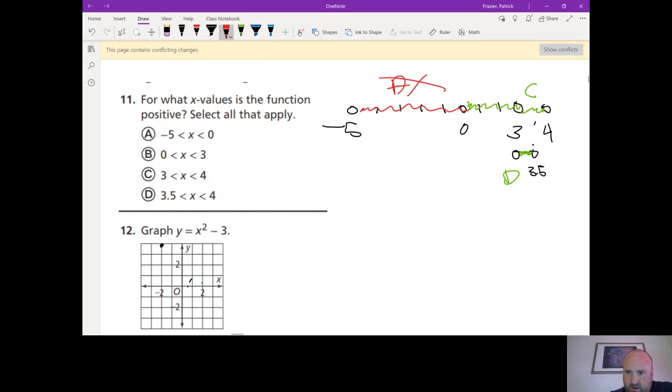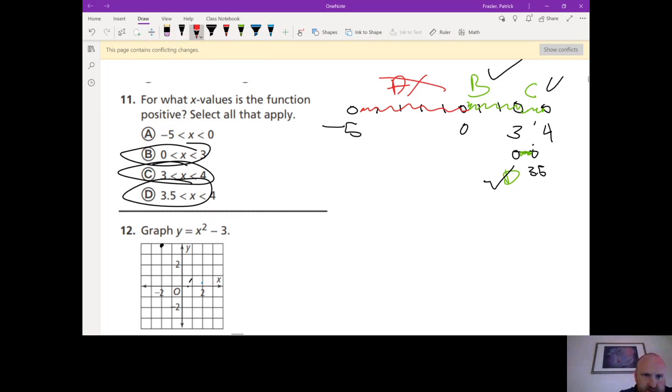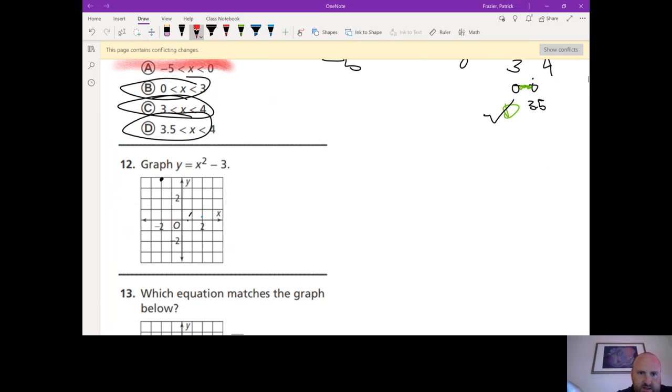A does not check out, but D, B, and C do. So we could say D is right, C is right, B is right, but A is not.